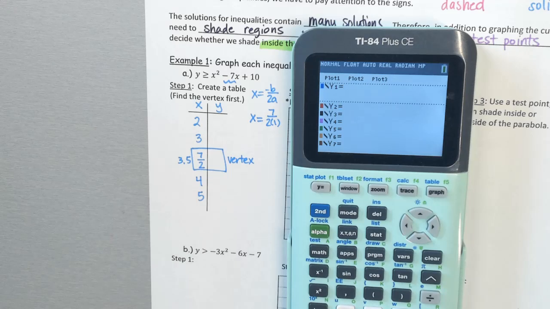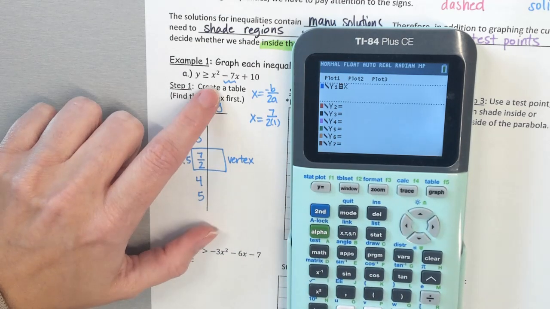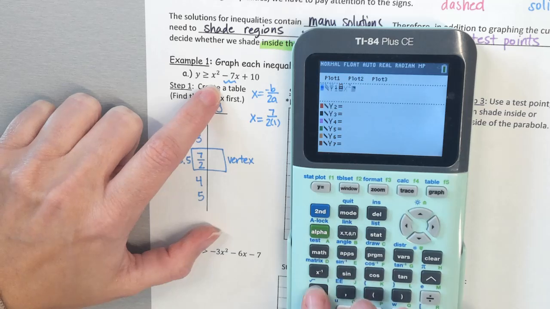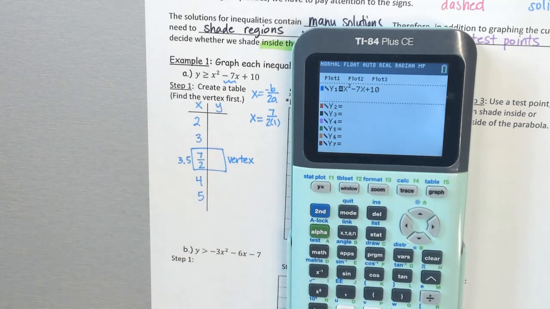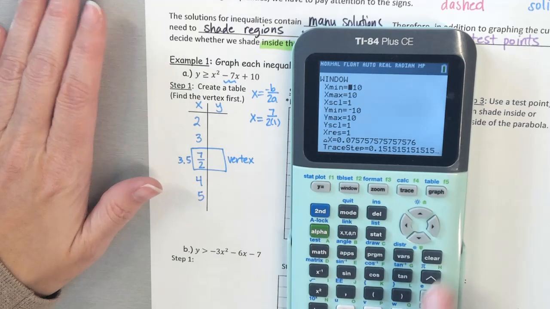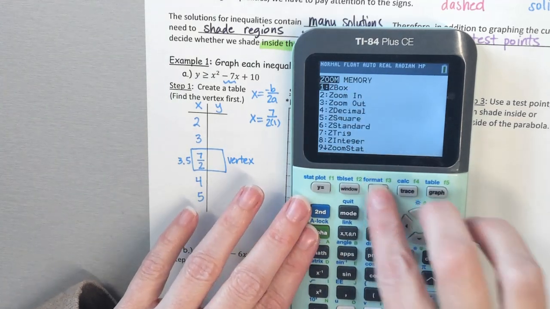Okay, so we're going to go to our y equals, and we're going to plug in that quadratic expression, x squared minus 7x plus 10. Okay, and you can look at the graph, that's fine, but really what we want to use is the table feature.